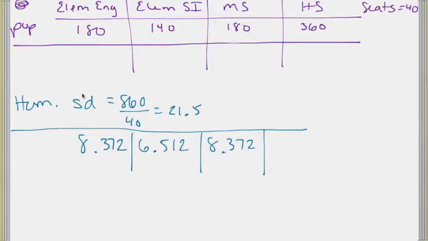And 360 divided by 21.5 is 16.744. So those are their standard quotas.